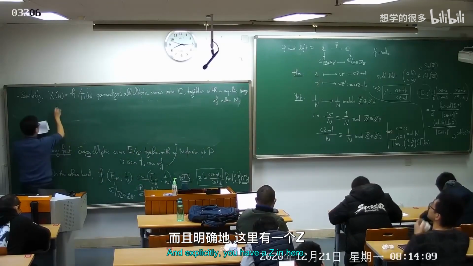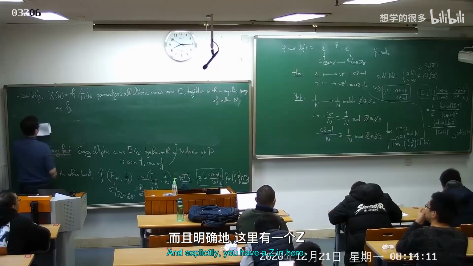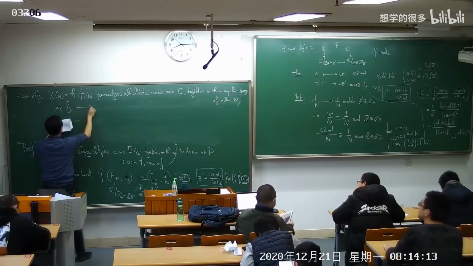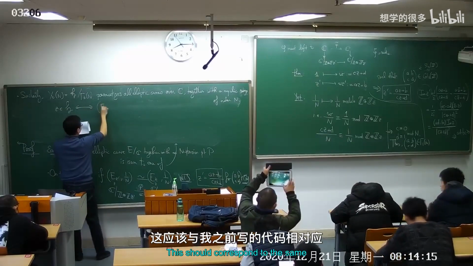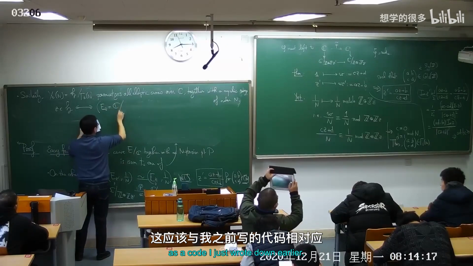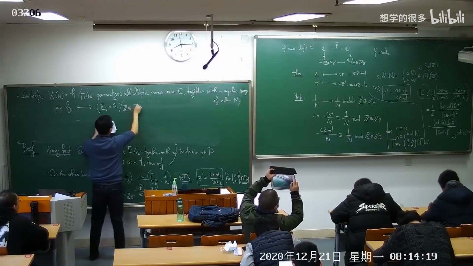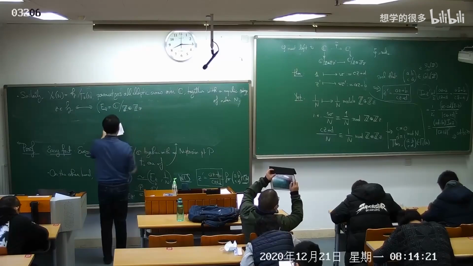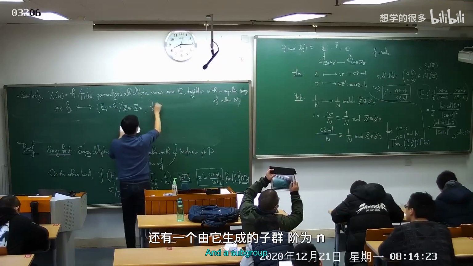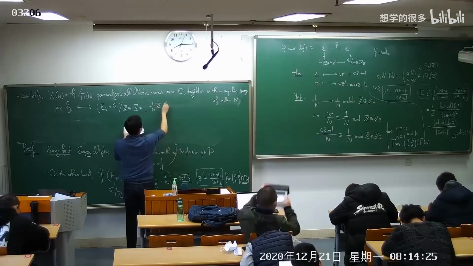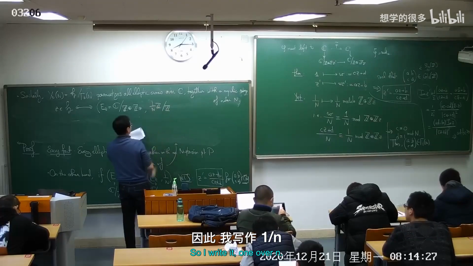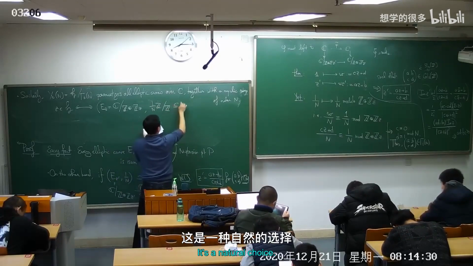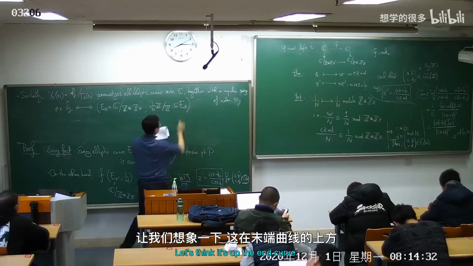And explicitly, we have a Z in here. This should correspond to the same curve I just wrote down earlier, and the subgroup generated by this 1 over n. So I write it as 1 over n Z mod Z. It's a natural subgroup of the elliptic curve.